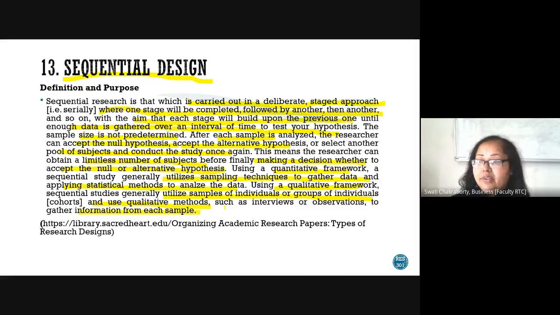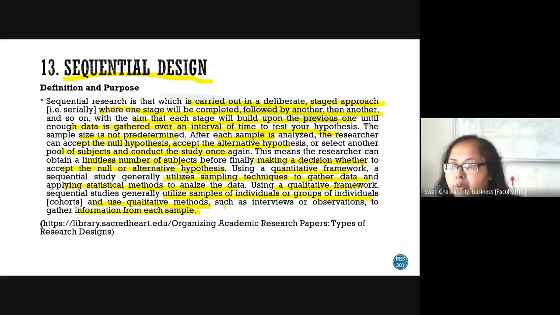So quantitative is one way where you gather data and do a statistical analysis. With a qualitative method, we select the sample or groups of samples of individuals, and then use interviews or observation methods to gather information about each sample.